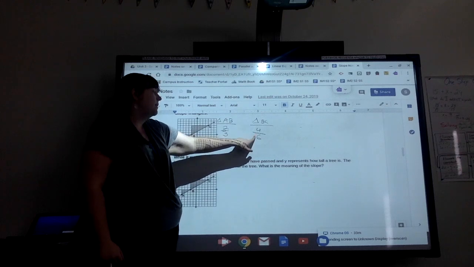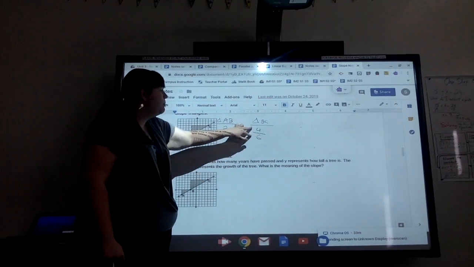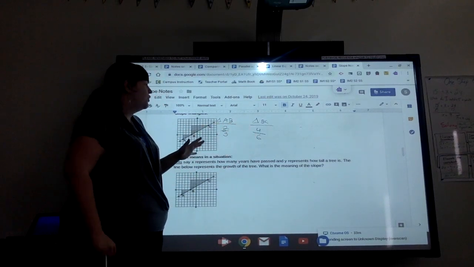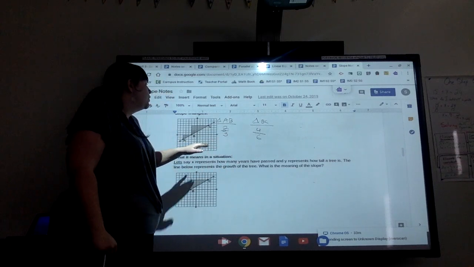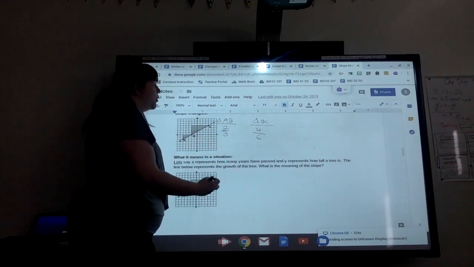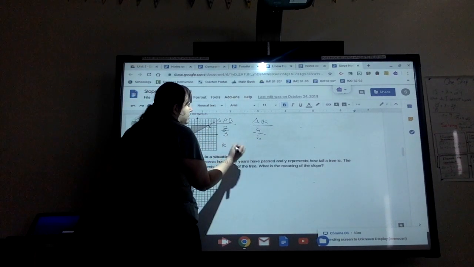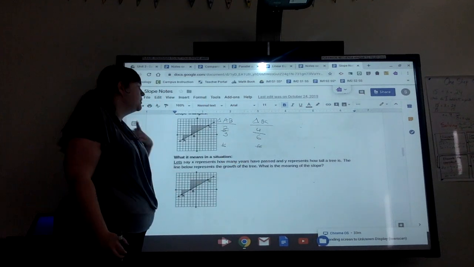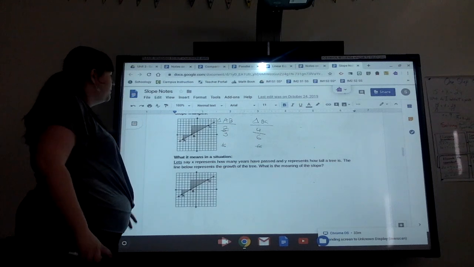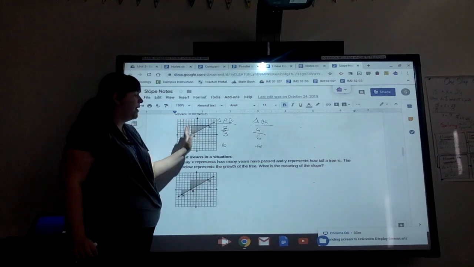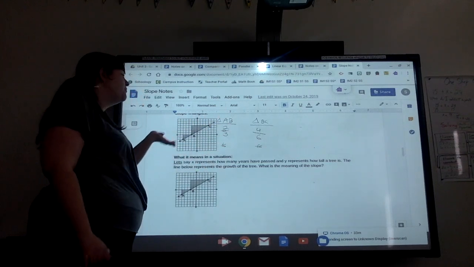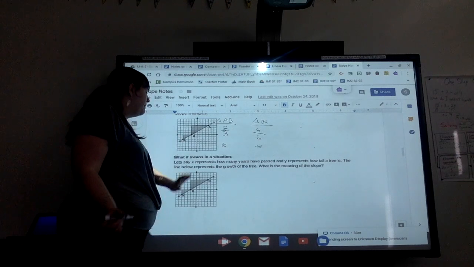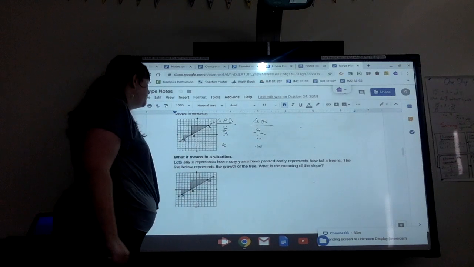If I divide 6 by 2, I get 3. So they're both the same fraction. They're just, this one's more reduced. So if you put them both in the calculator, you'd get 0.66 for both of them. So they're the exact same slope. The only difference is when the triangle is bigger, the fraction's going to be bigger, but it's going to be the same fraction secretly. So it doesn't matter which 2 points you use.